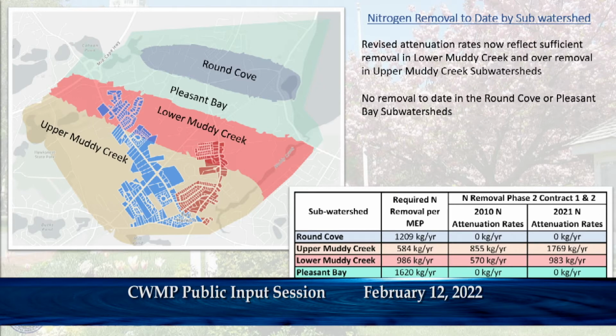Beyond those two Phase 2 construction contracts, we appropriated money this past town meeting for the design of a collection system in the Pleasant Bay and Round Cove sub-watersheds in East Harwich. That's really what the CWMP is intended to accomplish, and the actions we've taken to date.